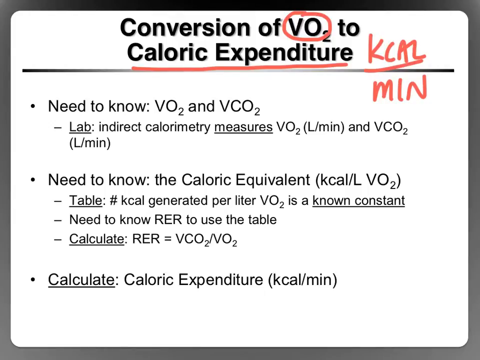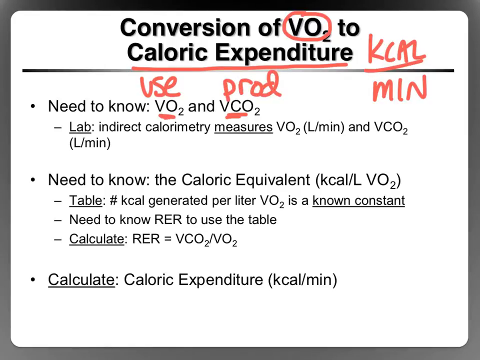So first of all, the first thing you need to know in order to convert VO2 into caloric expenditure is the actual VO2. You're also going to need to know the VCO2, which I'll explain in a minute. So VO2 is oxygen use. VCO2 is CO2 production.